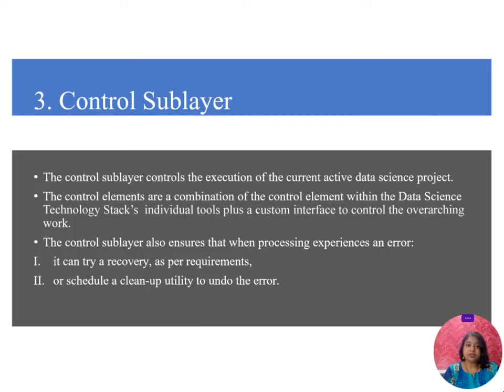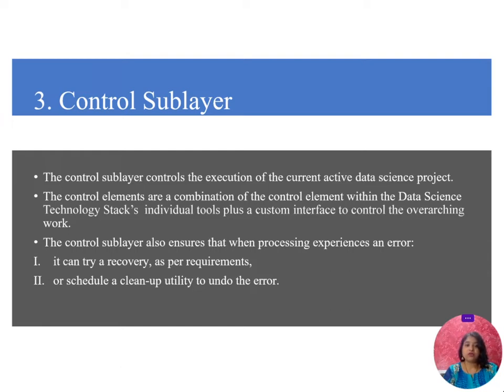Now comes the third layer, that is the control sublayer. The control sublayer controls the execution of the current active data science project. The control elements are a combination of the control elements within the data science technology stack, individual tool plus a custom interface to control the overarching work.